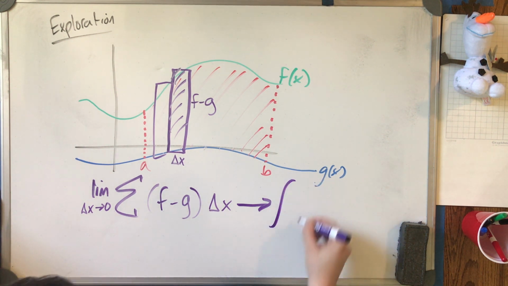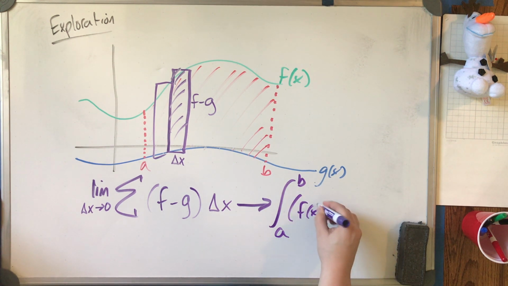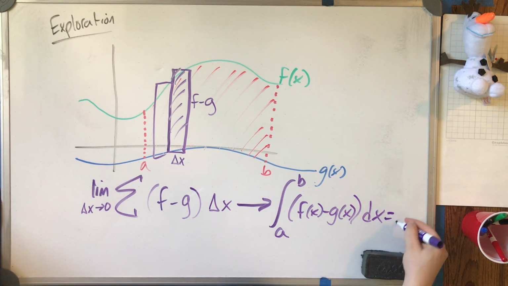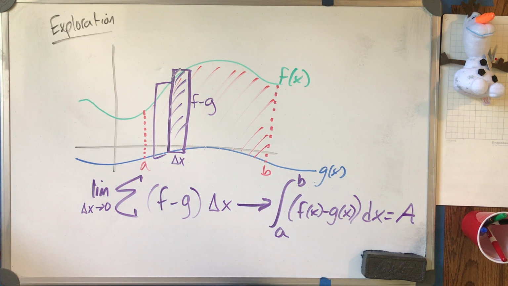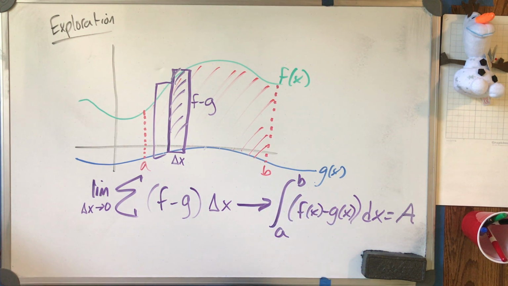So we can have the integral from a to b of f of x minus g of x dx, and this will equal the area between f and g from a to b. And this is essentially what we did in warm up 1D and 2D, where we had a function on top and a function on bottom, so we subtracted the bottom one from the top one, and that gave us the area in between those two curves.